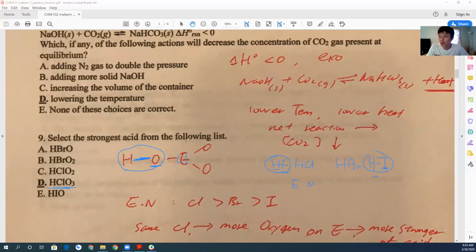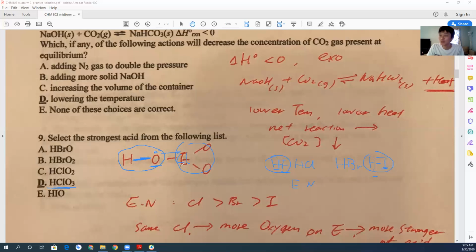Because all these groups are electronegative, they're going to pull the electrons to this side, so there will be fewer electrons available between the oxygen and the hydrogen. That will make this bond very weak, and so make the acid stronger. This hydrogen will be easier to deprotonate. That's how we compare the acidity, or the strength of the acid.